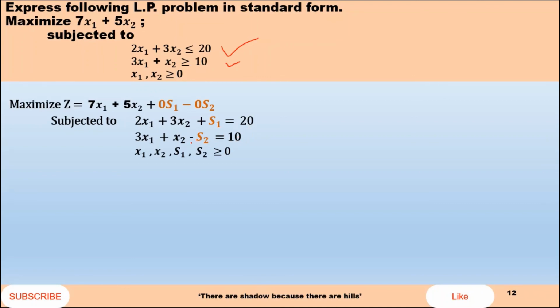You should subtract a surplus variable. Always remember, a slack variable should be added on the left hand side of the constraint, and a surplus variable should be subtracted on the left hand side of the constraint. And x1, x2, s1, s2 are greater than or equal to 0. Since these unused resources don't yield any contribution to the profit, that's why we are using these variables with 0 coefficient in the objective function, right? And the last one is the non-negative constraint.